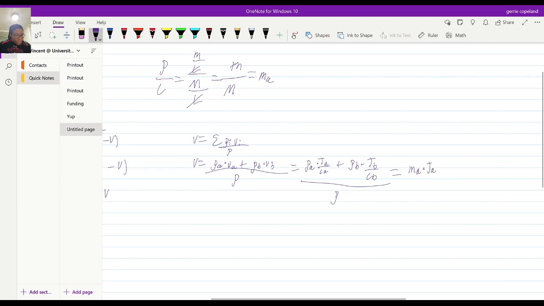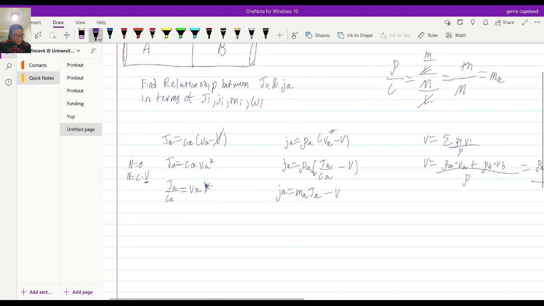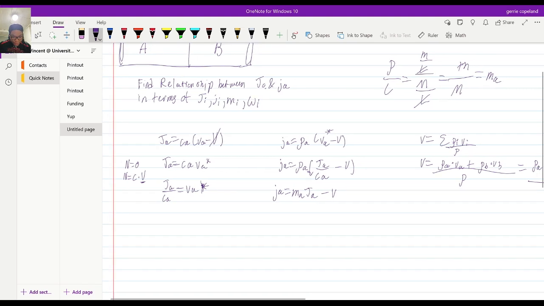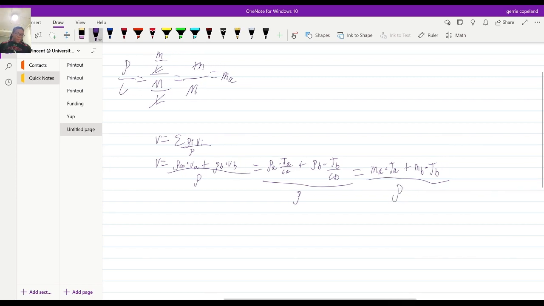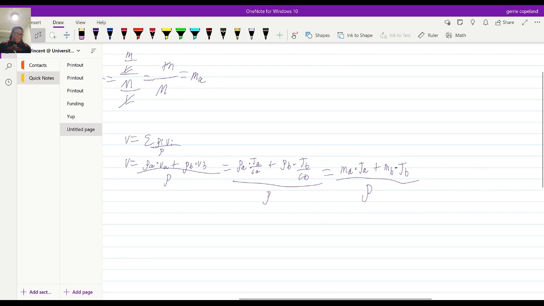So we have the molecular weight of A plus the molecular weight of B, over the density.